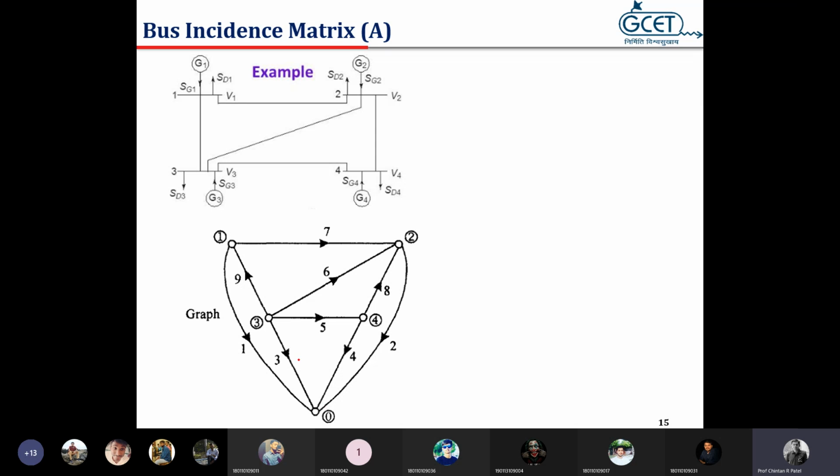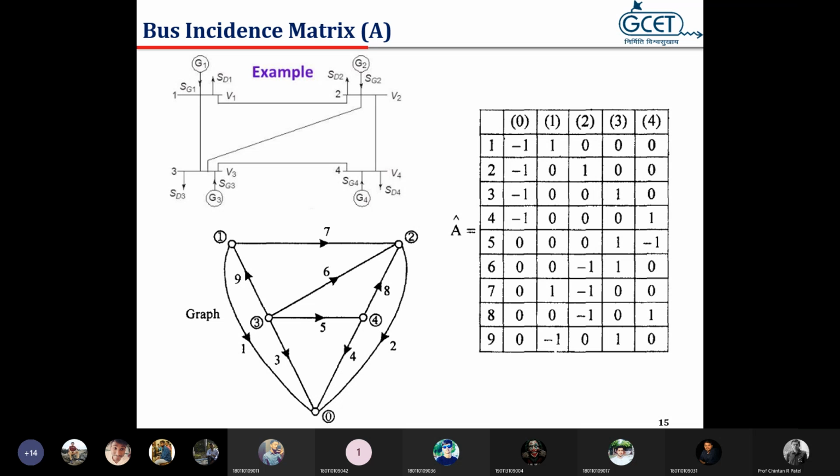And 1, 2, 3, 4 are elements or branches from node to ground. Then these 5, 6, 7, 8 and 9 are the branches indicating transmission lines between the buses. So for this oriented graph, we will get a 9 cross 4 bus incidence matrix and a 9 cross 5 element node incidence matrix.